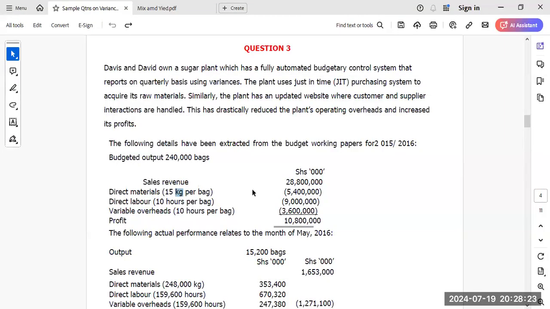Who can try? Of course, it will require some sense, in a way that you need to know that this is the cost they are planning to incur on these bags. So get this amount of money divided by the number of bags. I want you first to do that on your calculator. How much do you have?